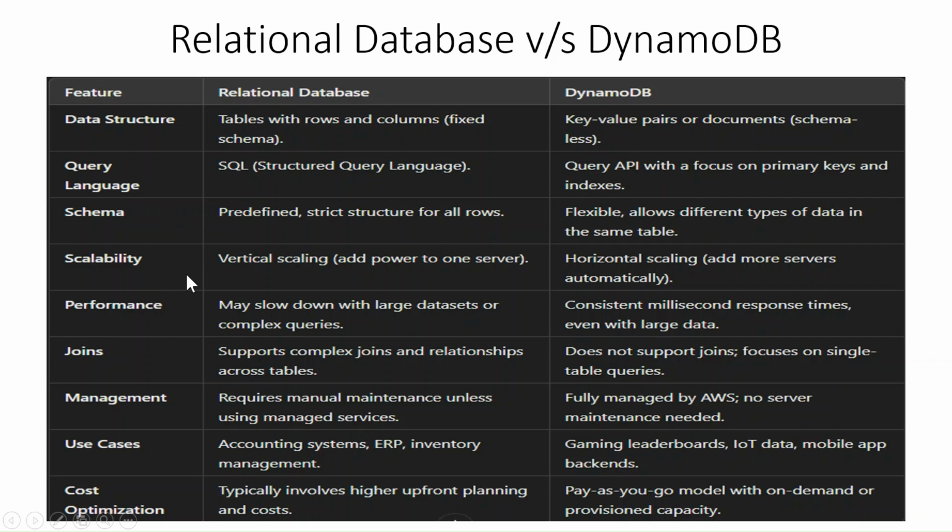The relational database typically scales vertically, which means adding more power to one server, which can be limited and costly.